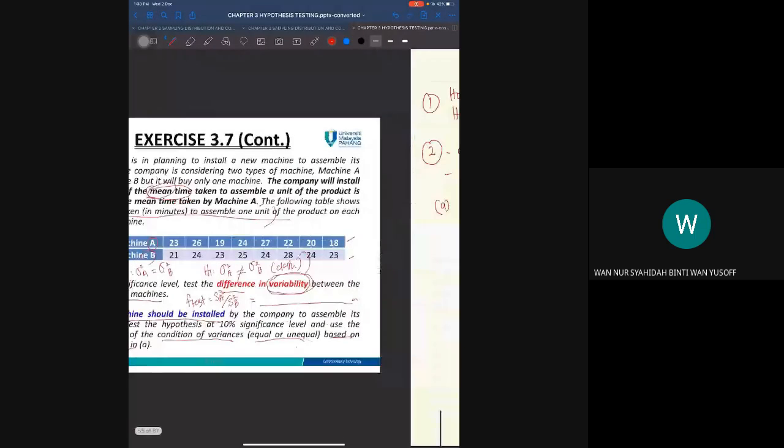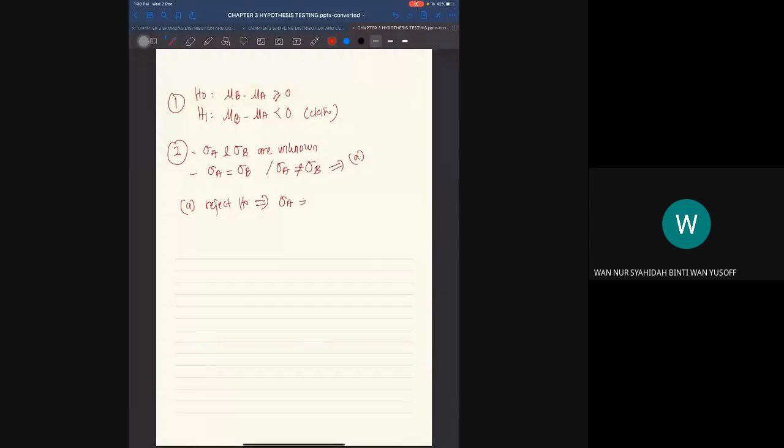So sigma A is not equal to sigma B. If you do not reject, it is sigma A equal to sigma B. So based on your answer in A, we choose whether we have equal or unequal.